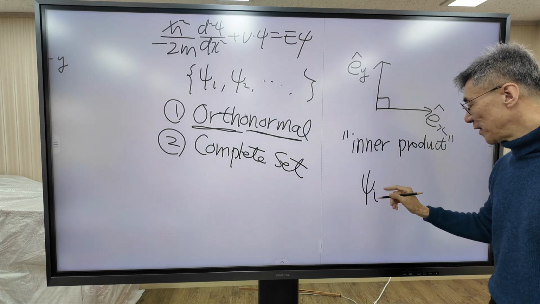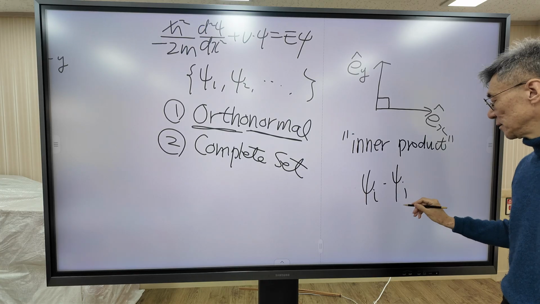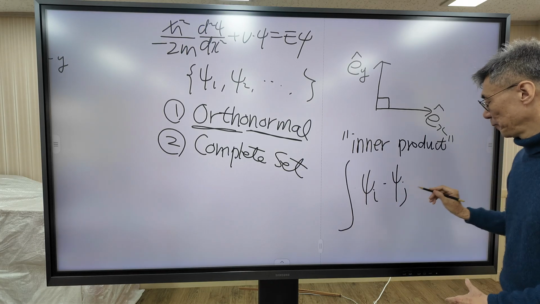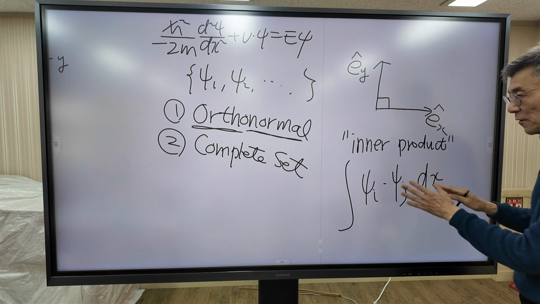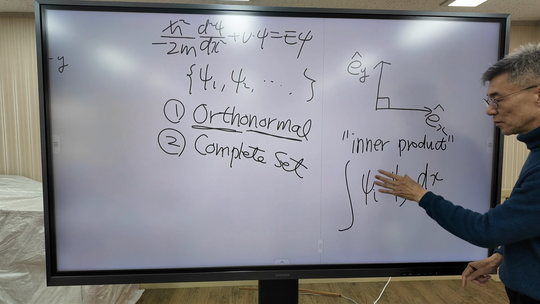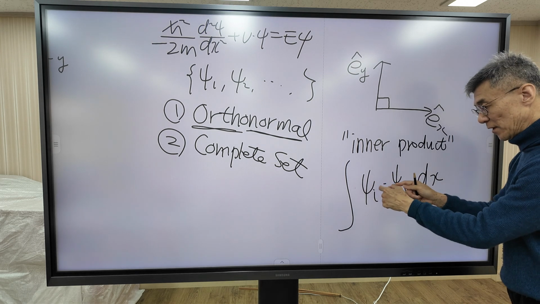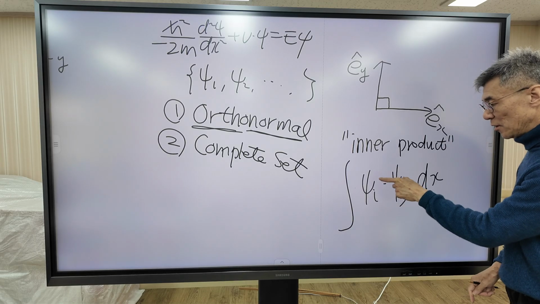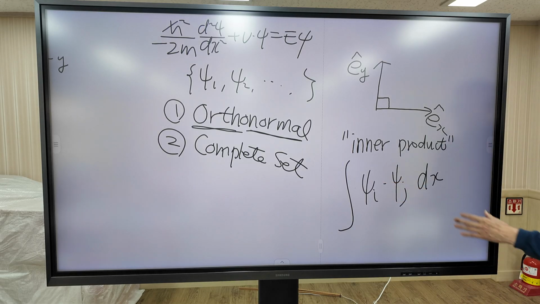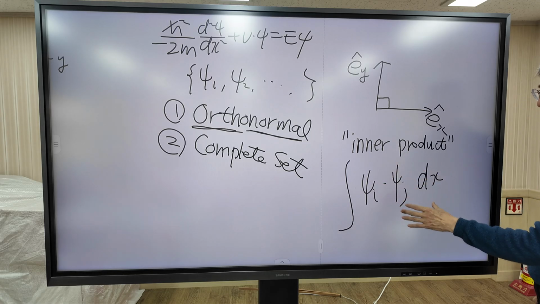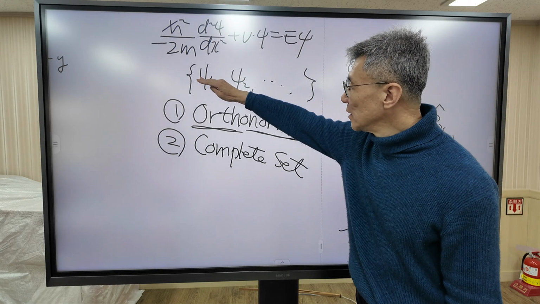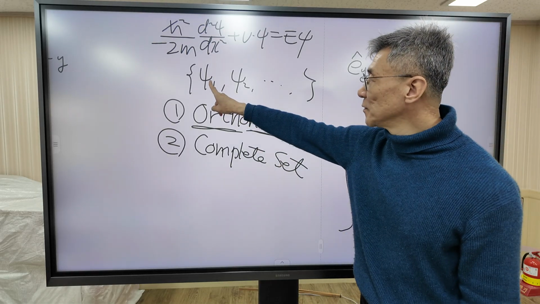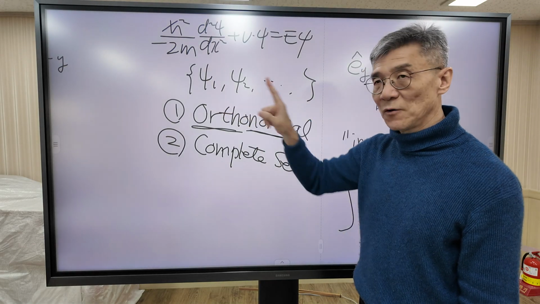The inner product of the ith function and jth function is defined as follows. Just multiply the 2 functions and integrate. Given this definition of the inner product, this function set satisfies orthonormality, which means that the length of each wave function is 1.